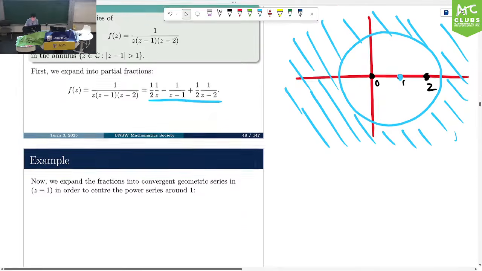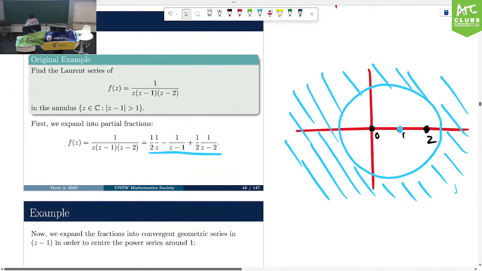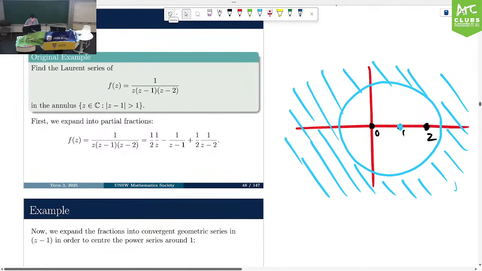We can see why it's useful later. So, number one, 1 on z has its only singularity at z equals 0, right? So it's actually analytic in the annulus we're interested in.